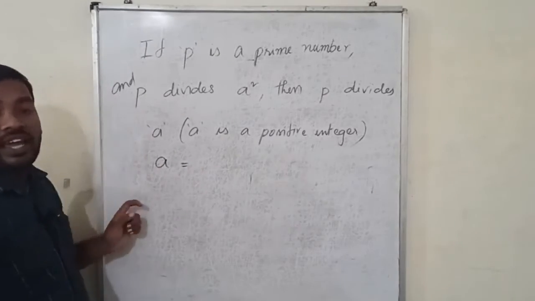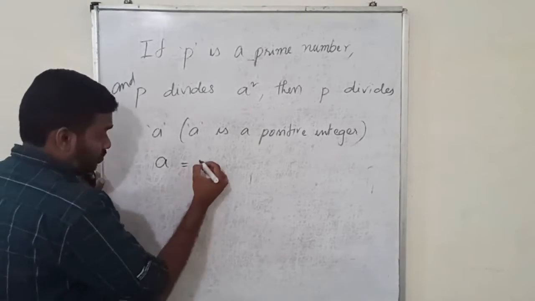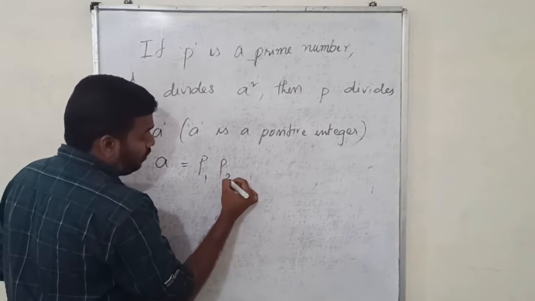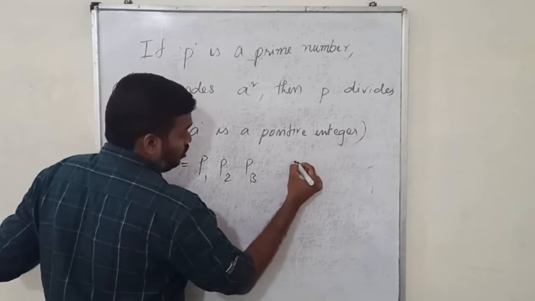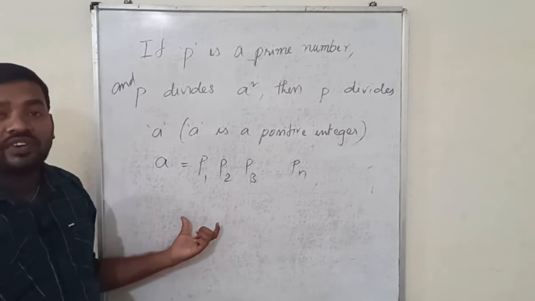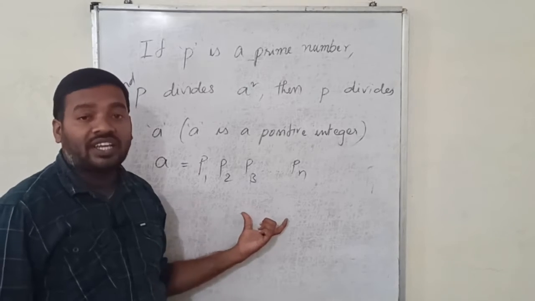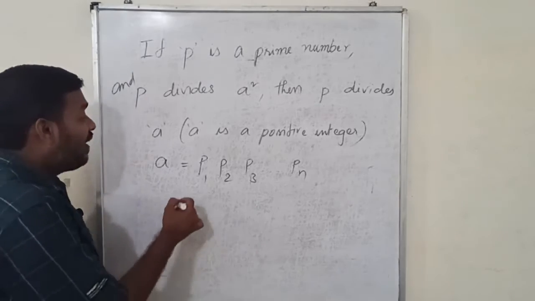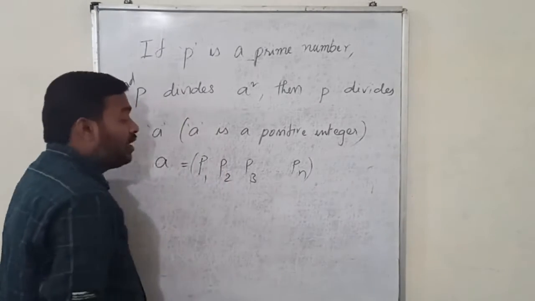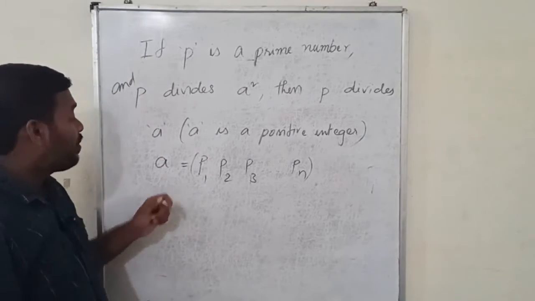Let us write a in its prime factors, say p1, p2, p3, so on, pn. We know a statement that every positive integer that is a composite number can be expressed in prime factors and they are distinct, irrespective of order.